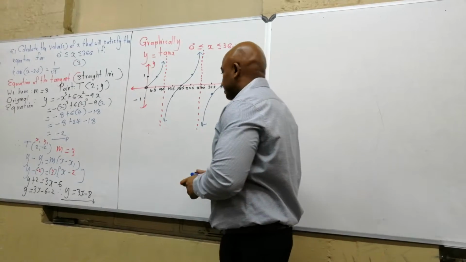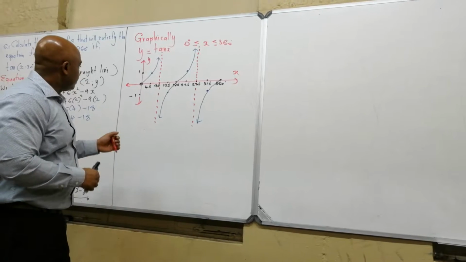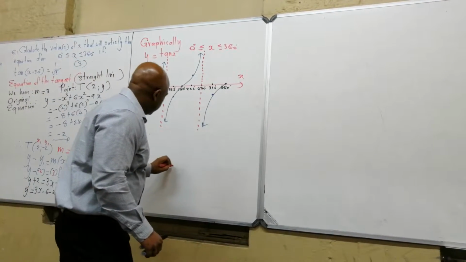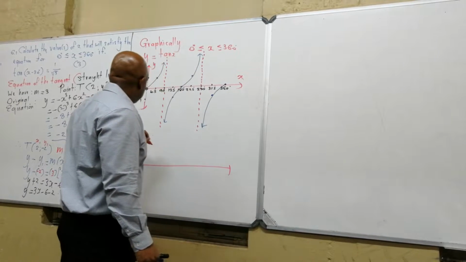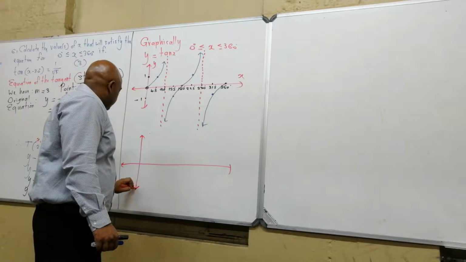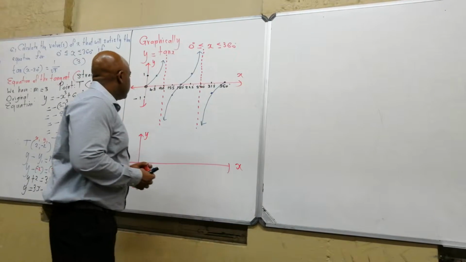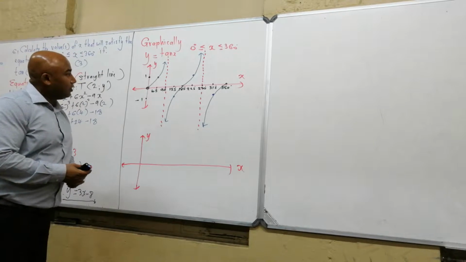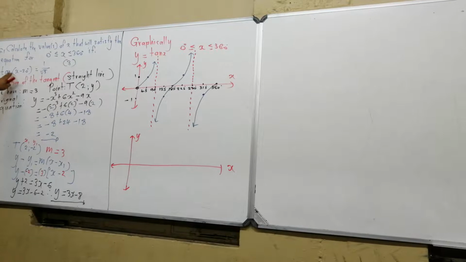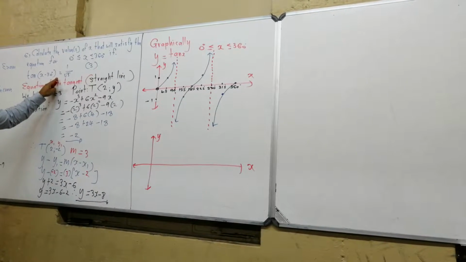Okay. Now, let's compare this graph with the graph that we are given here, tan of x minus 30 degrees.